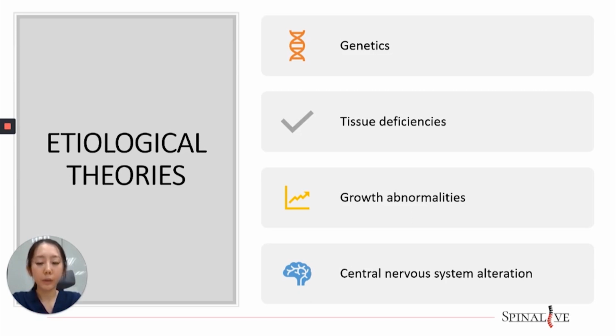Tissue deficiency could be something similar to Marfan syndrome, where there is poor or underdeveloped tissue or less differentiation in the tissue, so it will cause some form of lateral deviation of the spine as well. The rest would be growth abnormalities and central nervous system alteration.